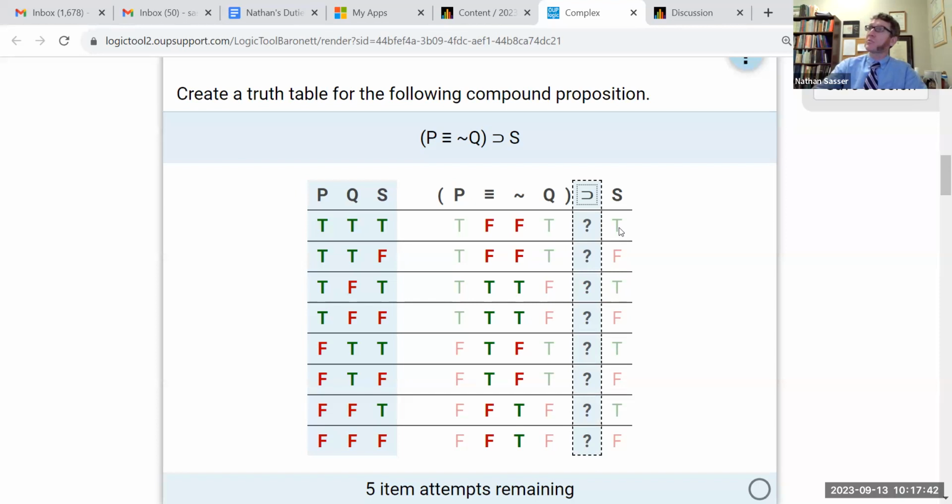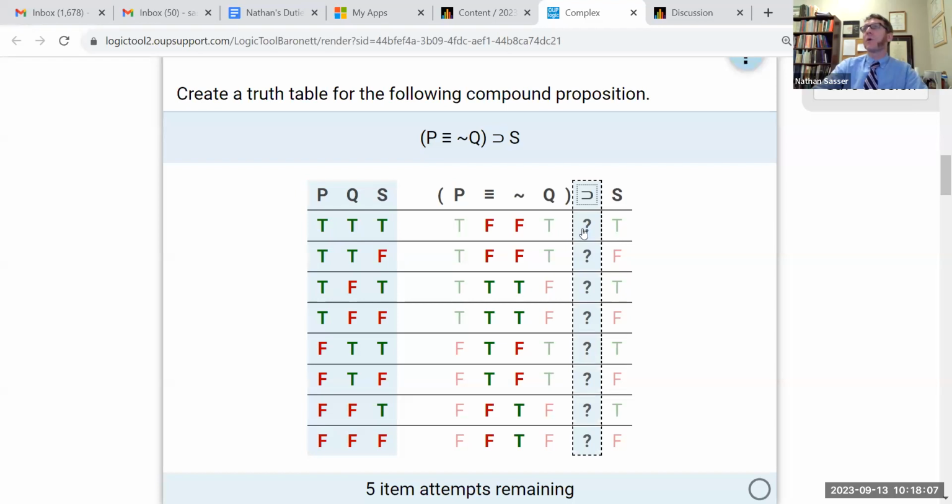The horseshoe is always true except under one condition. When the antecedent is true but the consequent is false, the horseshoe is false. In any other circumstance, the horseshoe is true. So for example, here we have line 1. The antecedent is false and the consequent is true.